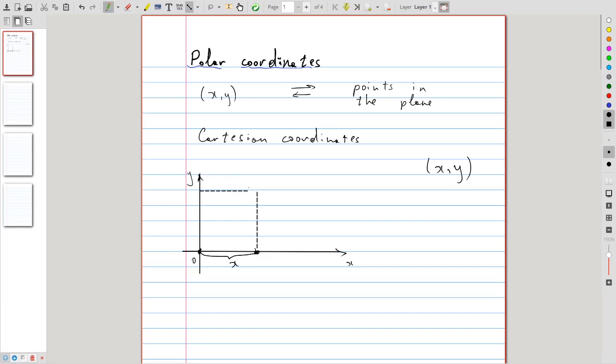Then the point with coordinates x, y would live right here.